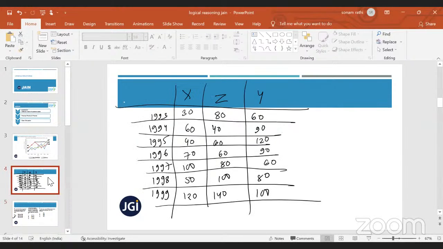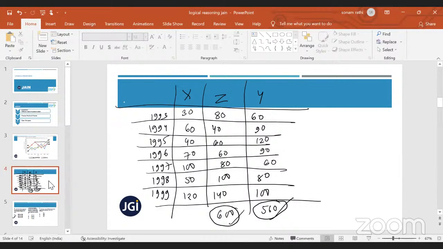Tell me what is Y total. Y total is 560, right? And Z total is 600, right? 600 and 560.